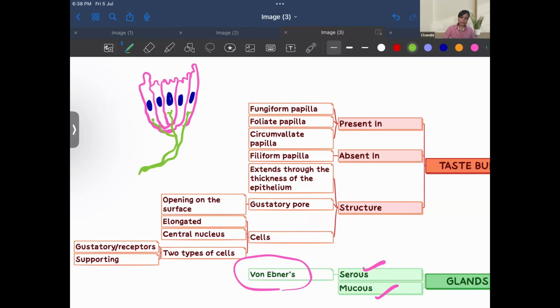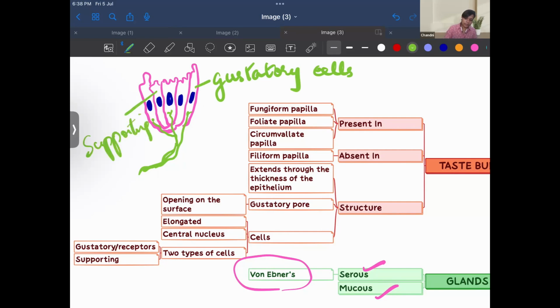Now the cells that participate in this sensation of taste are called gustatory cells. But you also have cells that do not participate in this, but you need them because they provide support, and those are called supporting cells.